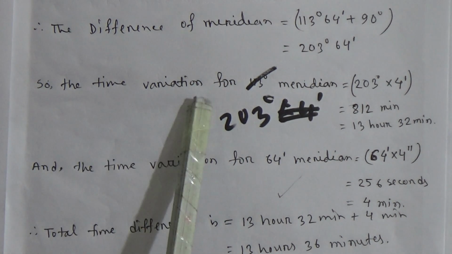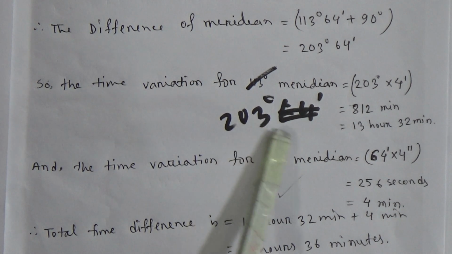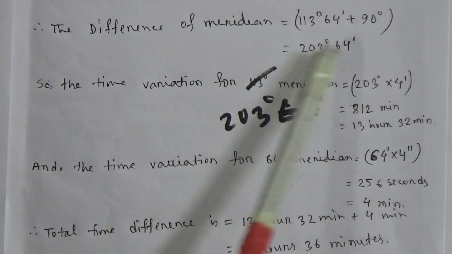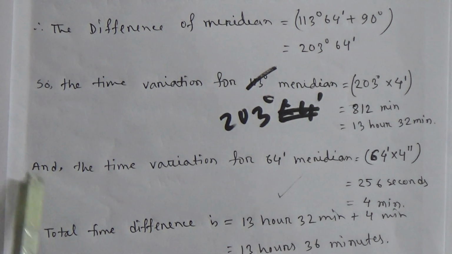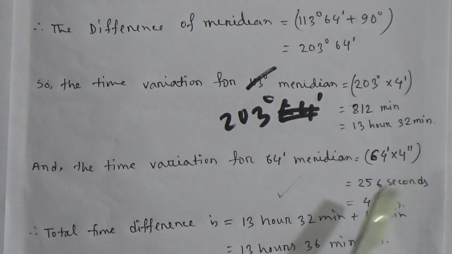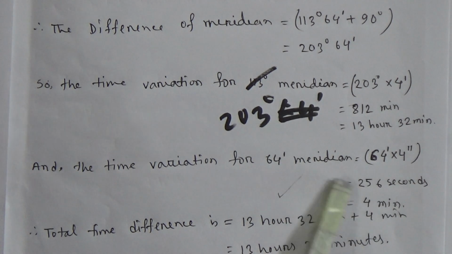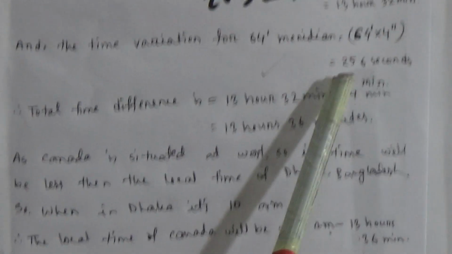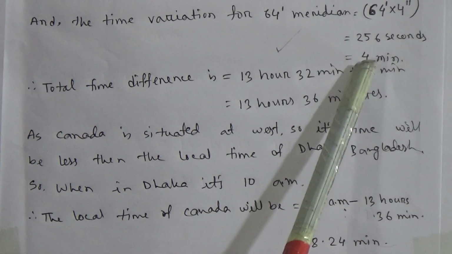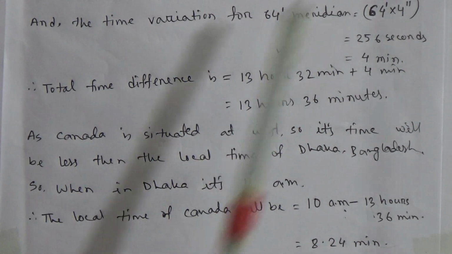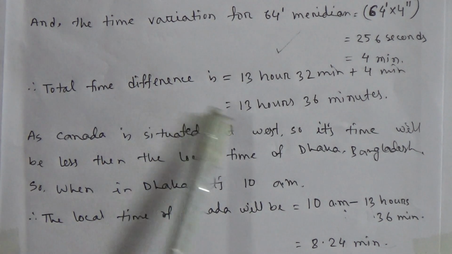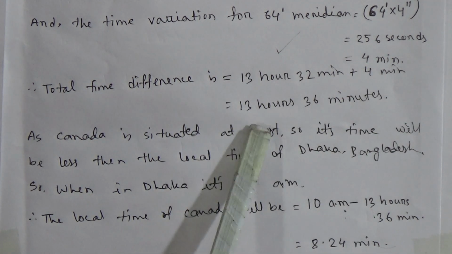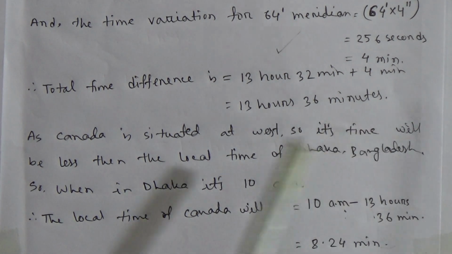So the time variation for the 203 degree meridian is 13 hours 32 minutes, and as there are the rest of 64 minutes, we will multiply with 4 seconds and we will get 256 seconds, and it's almost 4 minutes. So I have written here 4 minutes, and the total difference will be, we will add together, 13 hours 32 minutes plus 4 minutes, that means it happens 13 hours 36 minutes.